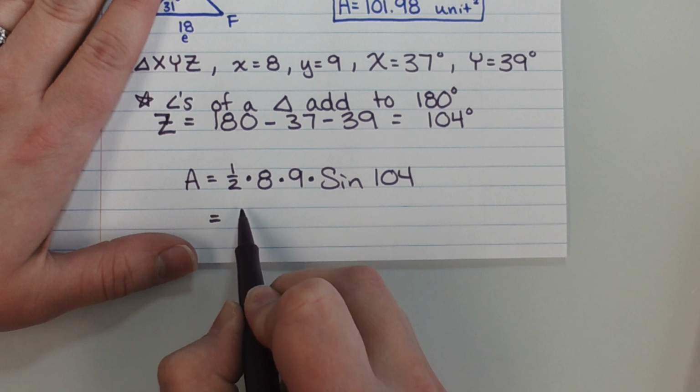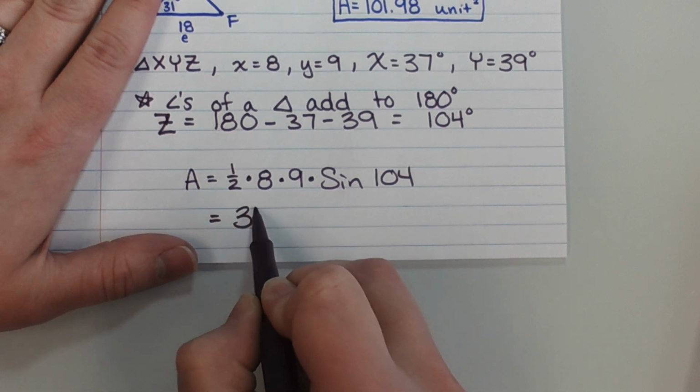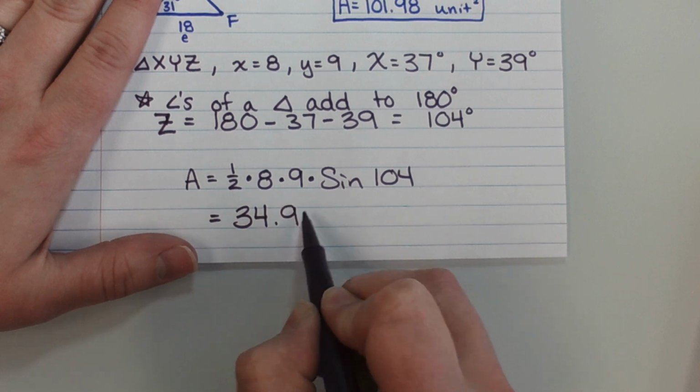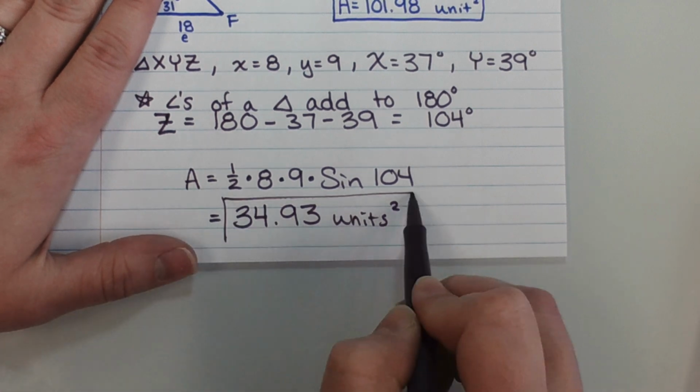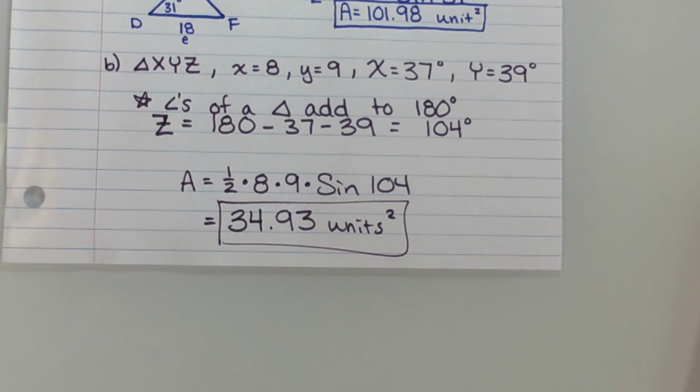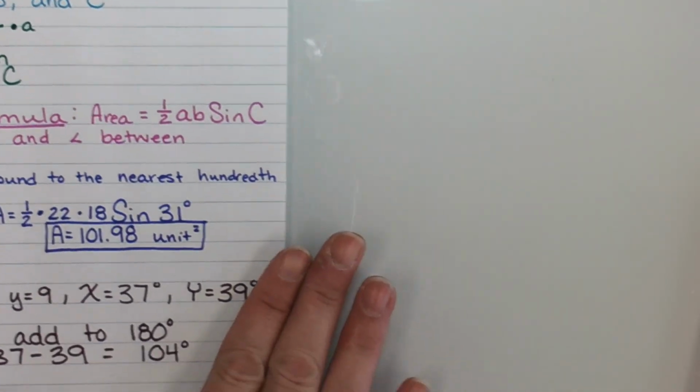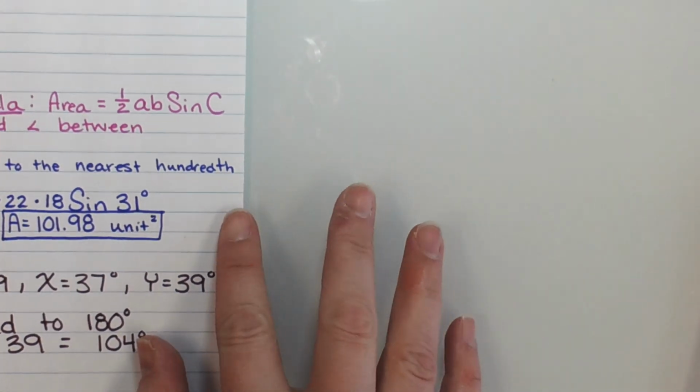Anyone? 34.93 units squared. Okay. So, that's one thing you're going to see today. But, is that our end goal? No. What's the name of the section? Law of sines. Our goal is to get to the law of sines. So, law of sines, as I mentioned earlier, builds its way off of this formula.